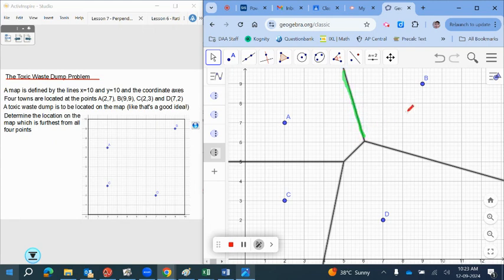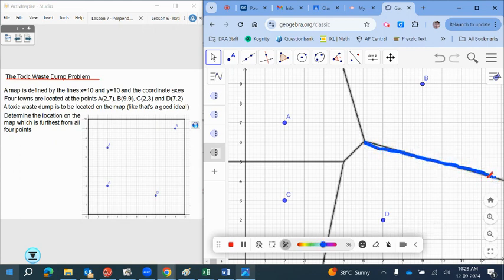So this is the perpendicular bisector of the sites A and B. All of the points on this edge are equally distant from A and B. This line here is the perpendicular bisector of points B and D. All of the points here are equally distant from the sites B and D.